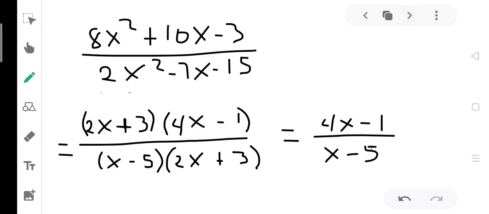Okay, another one. We have 8x squared plus 10x minus 3 all over 2x squared minus 7x minus 15.